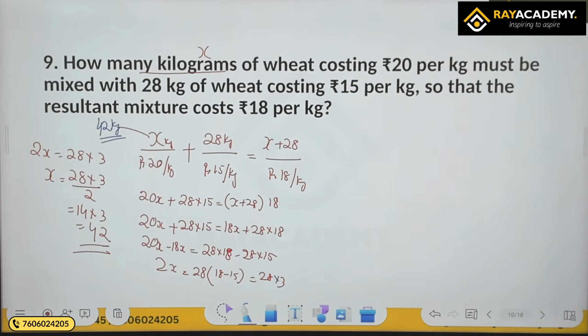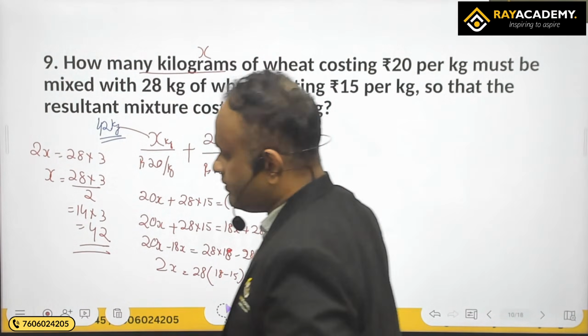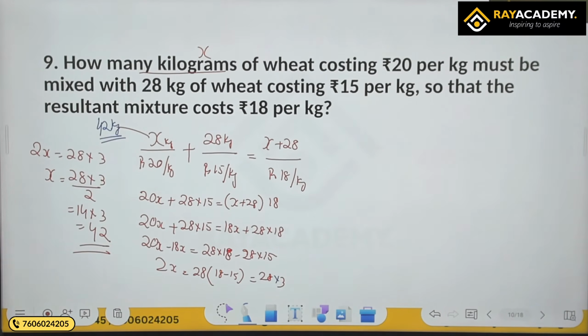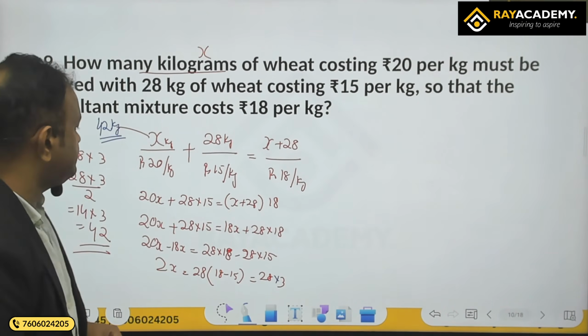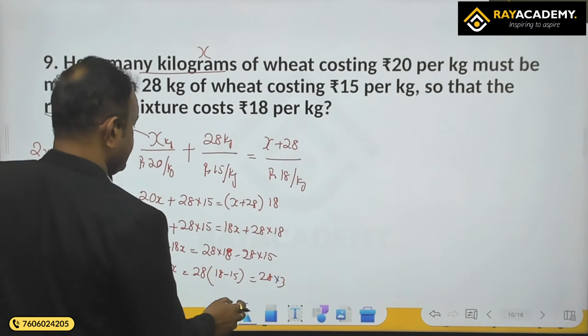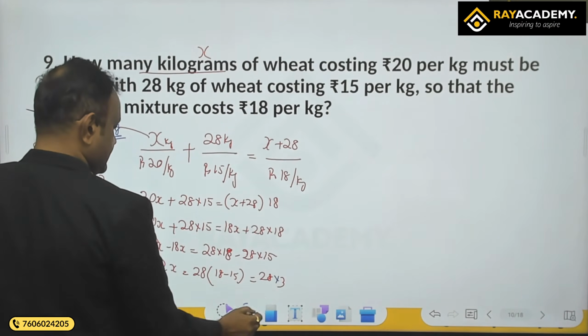Okay, so hope you have understood this. We can solve this question by using the alligation method. Let me erase; I can keep this as it is.